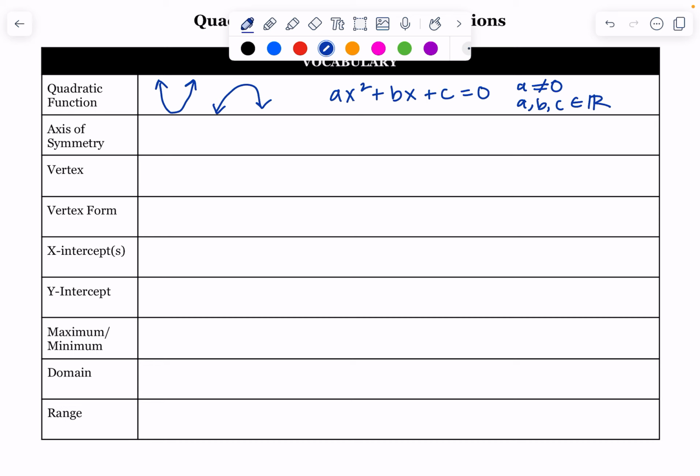An axis of symmetry is a vertical line through the vertex of a quadratic function.